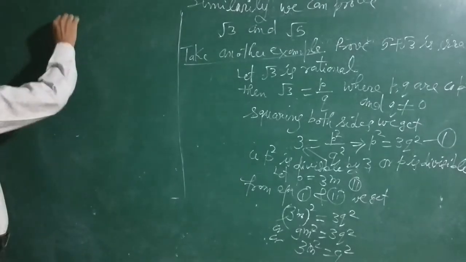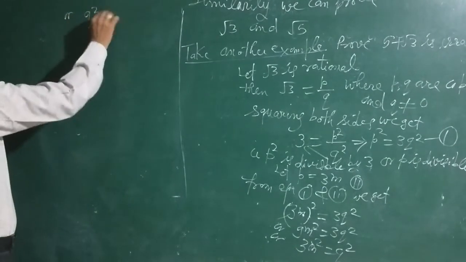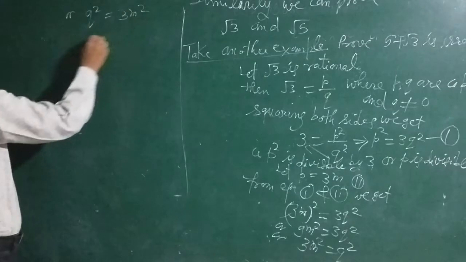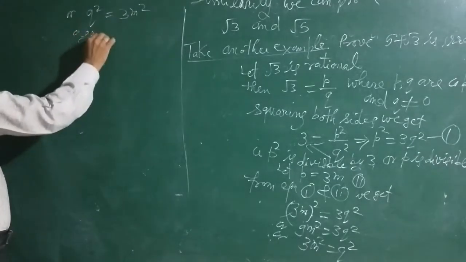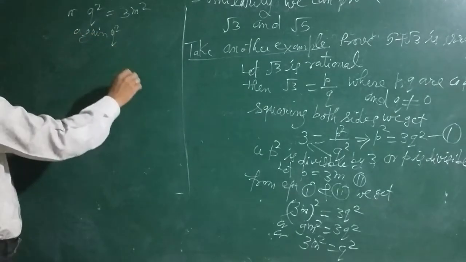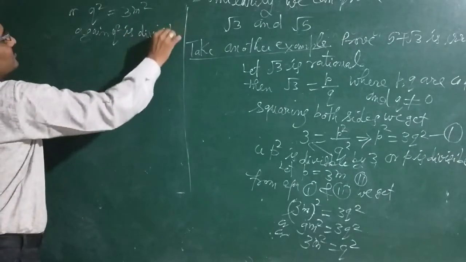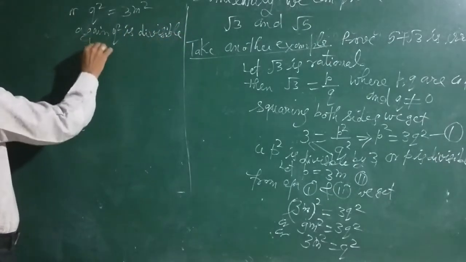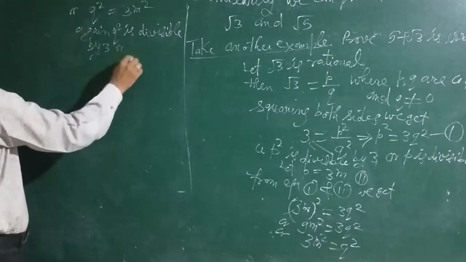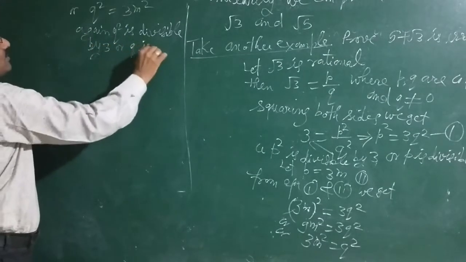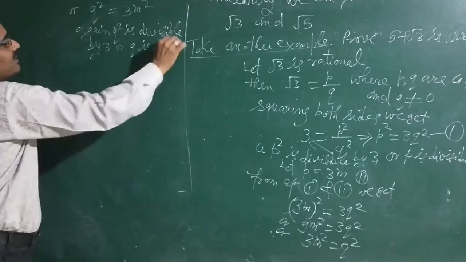Or we can say q square is equal to 3m square. Again, q square is divisible by 3, or q is divisible by 3.